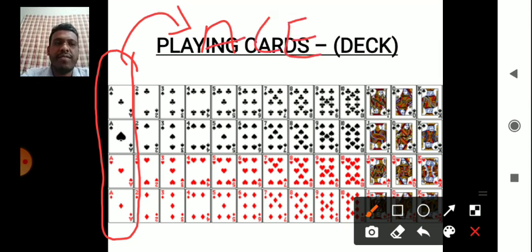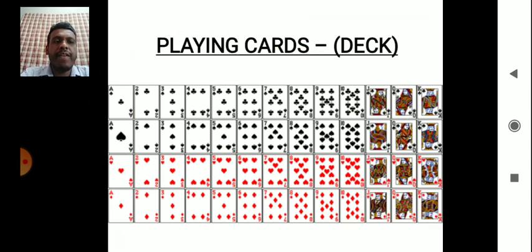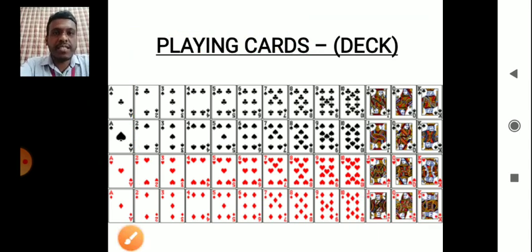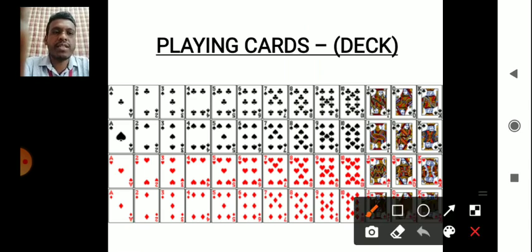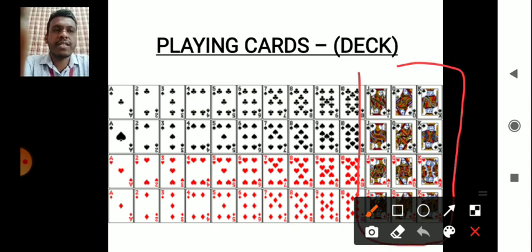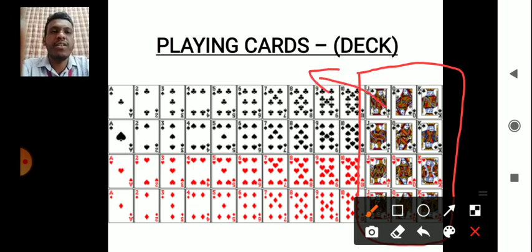Ace. Fine. Now when it comes to face cards, there's something known as face cards. So all these cards are known as face cards. Jack. Now okay, this is Gulam, or the prince, or we call it Jack.